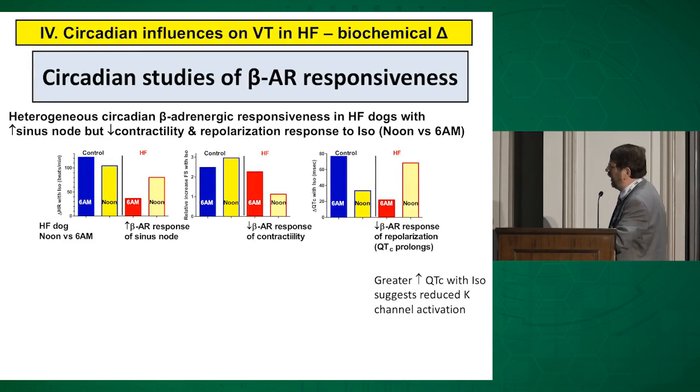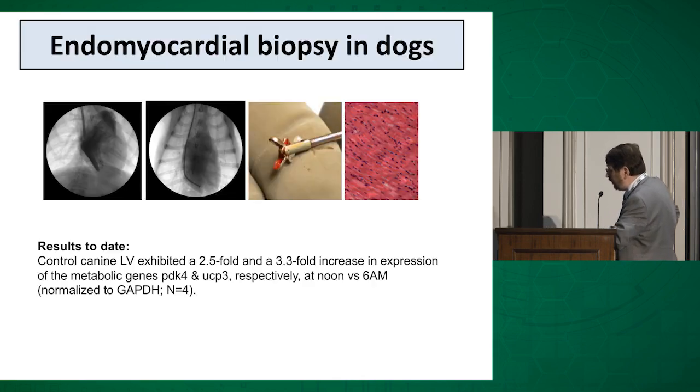I'll just basically talk about some of the biochemical work that's in process. By having a model where we have time of day dependence, we can look at things like, in this case, beta-adrenergic responsiveness. So comparing early morning to late morning responsiveness to isoproterenol infusion, we can see that in controls you don't get much difference in the time of day, but in heart failure dogs, when you give isoproterenol, you get a greater response in beta stimulation with the sinus node, an increase in heart rate, but you actually get less enhancement of contractility, and you get a disparate effect on QT, where actually the QT fails to shorten.